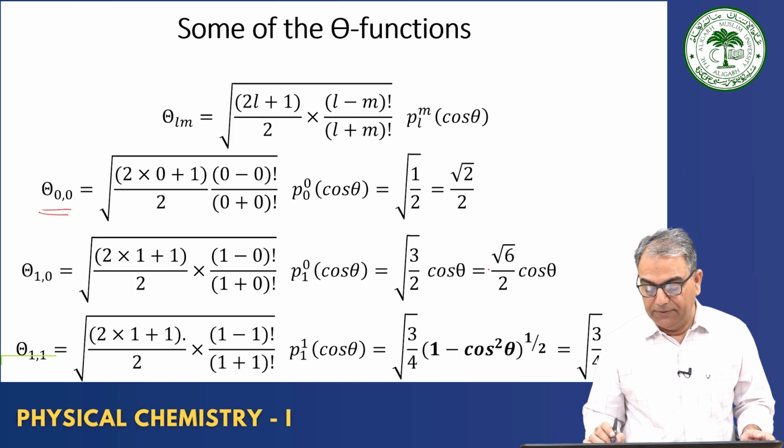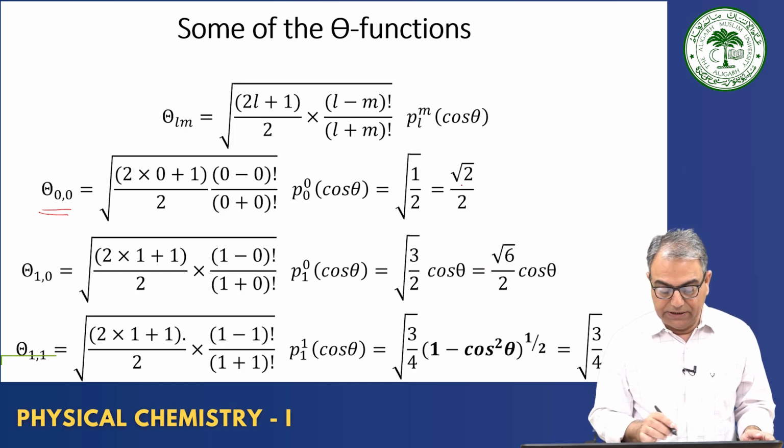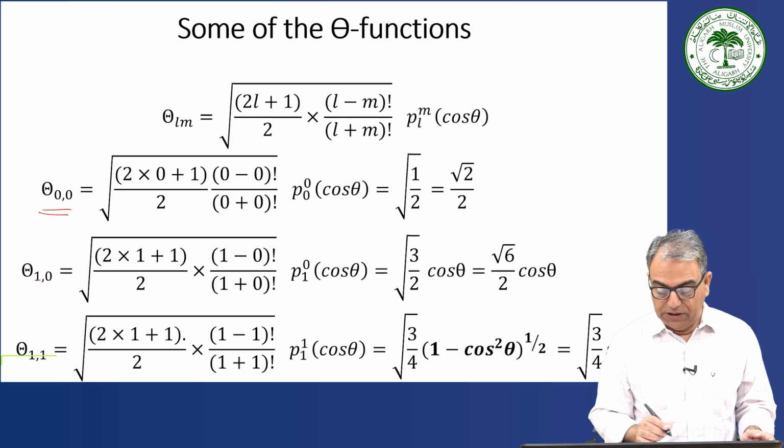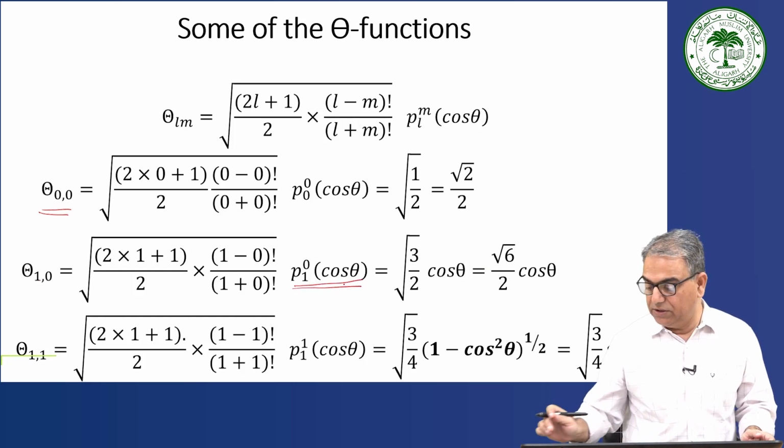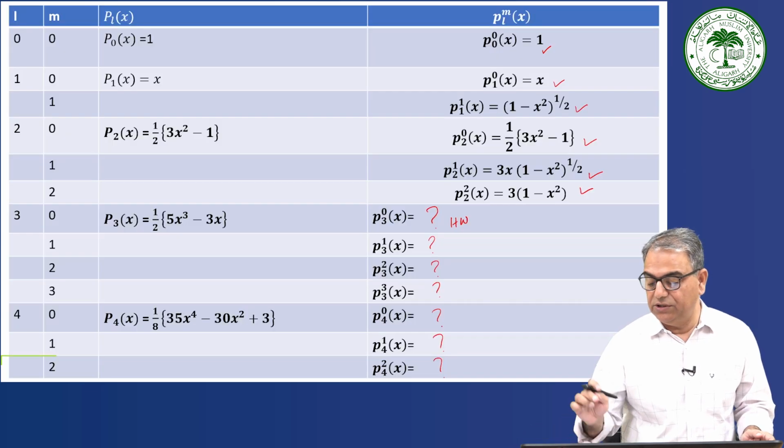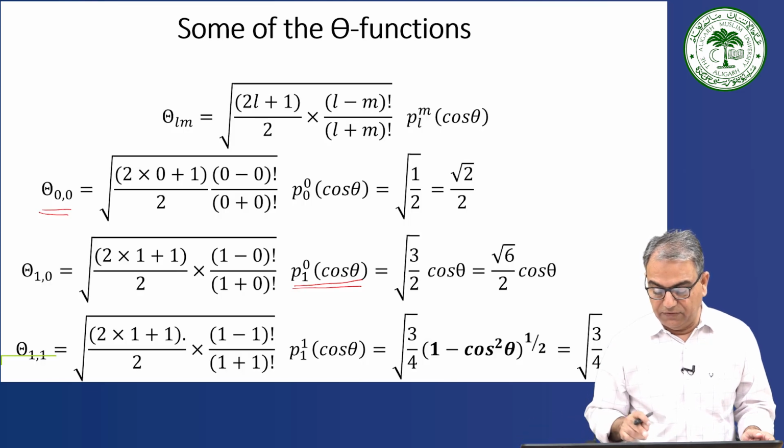Both you can write. Okay, so if it is 1 0, then what do you need? You need P10 cos theta, and P10 cos theta is what? Go to the table, P10 is equal to x, x is equal to cos theta, so it's cos theta only. Okay, so cos theta only. The rest of the thing is root 3 by 2.